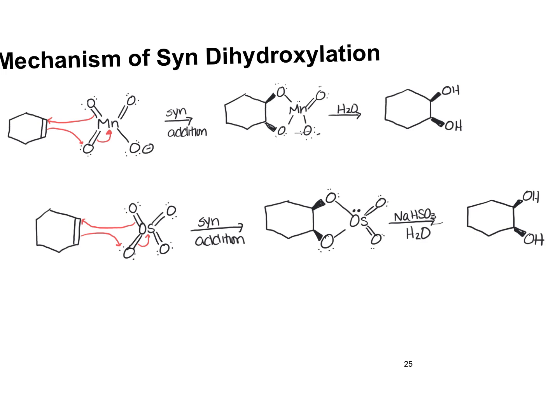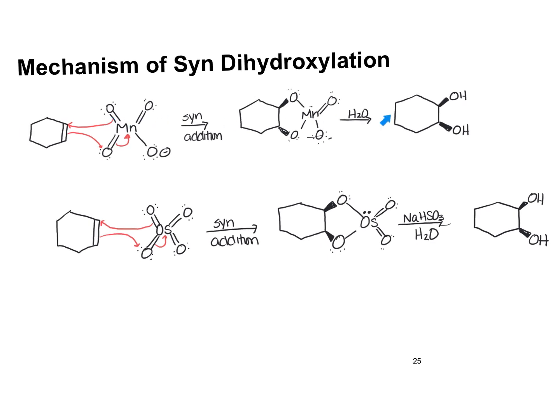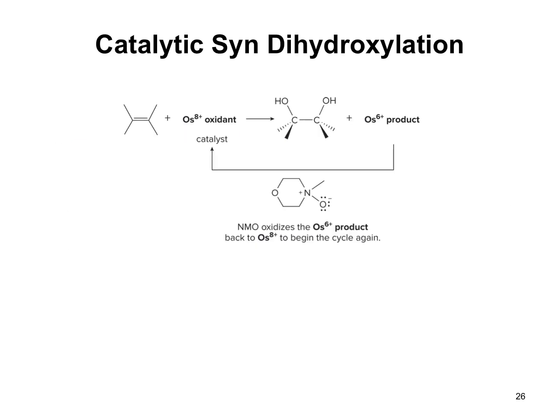There. Now, a few things: this is an older synthesis. It's not used as frequently because it doesn't give great yields, right? Now, when we talk about osmium particularly, this can also be carried out using osmium as the catalyst, if the oxidant, which is N-methylmorpholine N-oxide, abbreviated as NMO, is added.